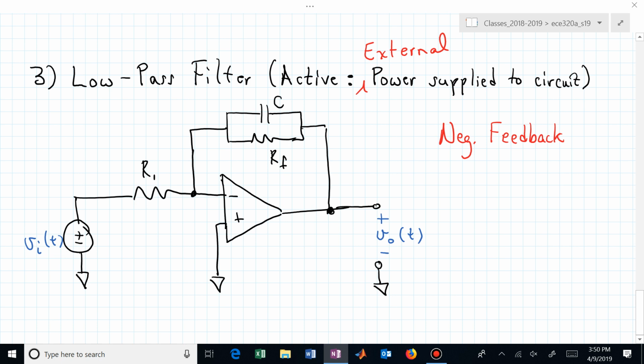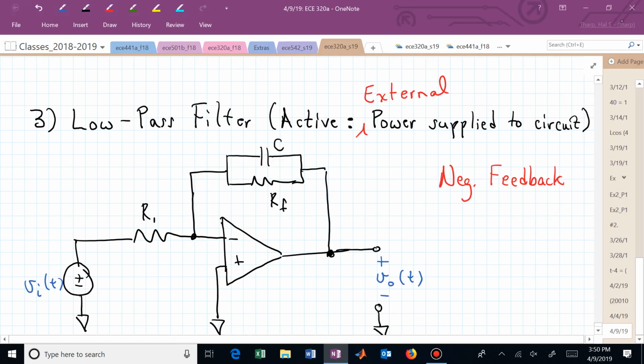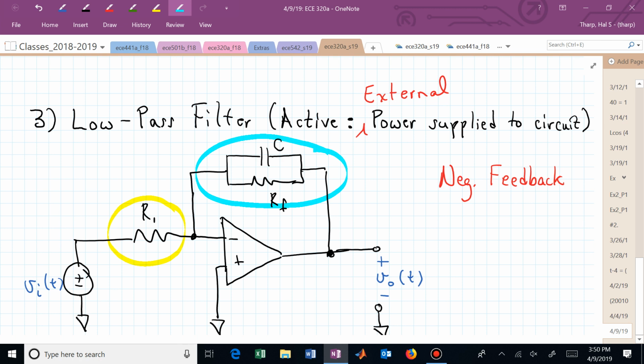And the way that we can solve this is simply to look at the impedances that are interconnected around this circuit as generalized resistors that we already analyzed in our inverter circuit. Meaning we have an input impedance, that's right here, and we have a feedback impedance right there. Well, the input impedance is trivial since it's the same as what we had before.